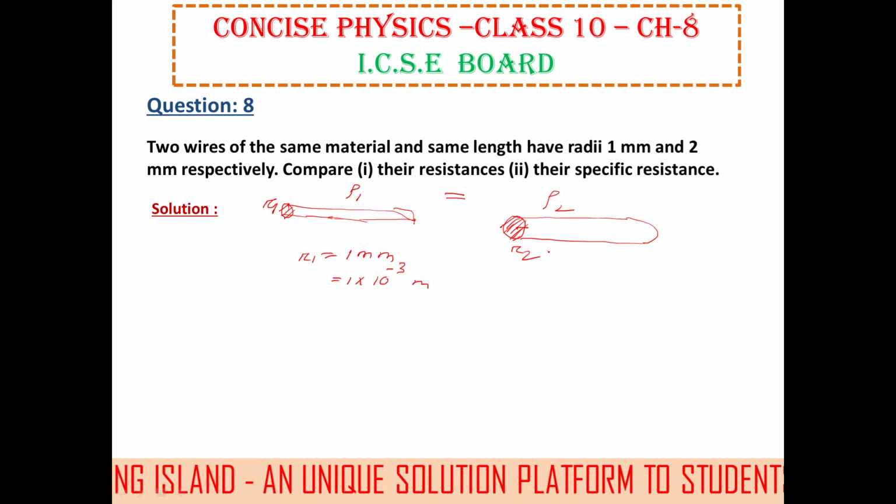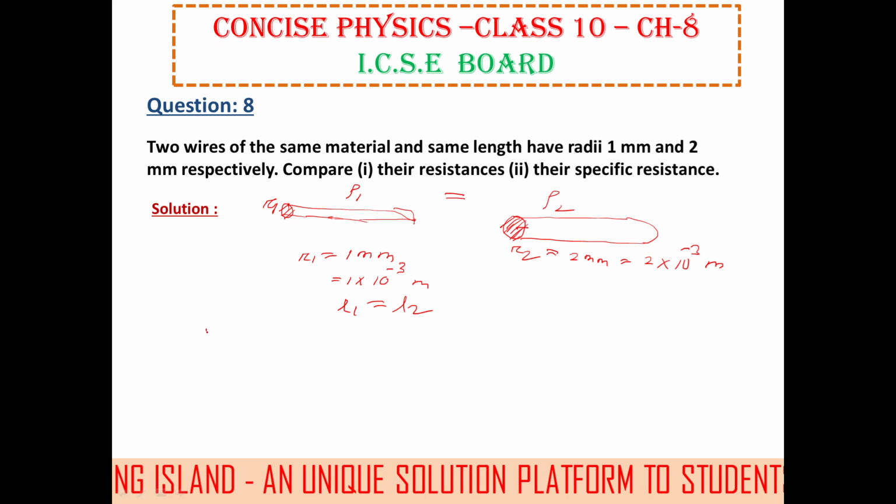Here r2 is equal to 2 millimeter, that is 2 into 10 to the power minus 3 meter. And two wires of the same material and same length, here length L1 equal to L2. So what will be their ratio of the resistance?